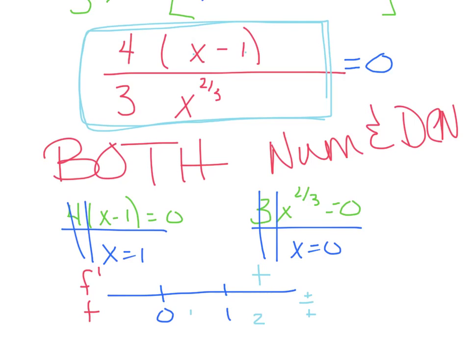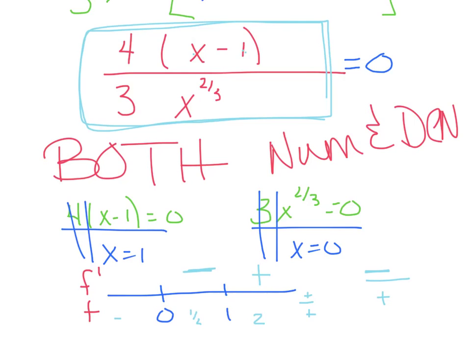Now I've got to plug in a half. Okay, well anybody between 0 and 1, I'm going to use a half. 1/2 minus 1 is negative times 4 is a negative, divided by 1/2 to the 2/3 is a positive times 3, and a negative divided by a positive is negative.